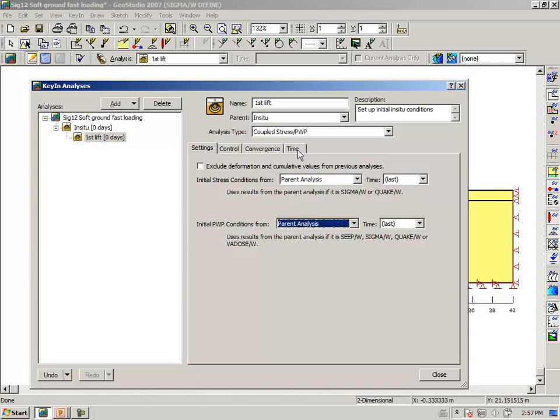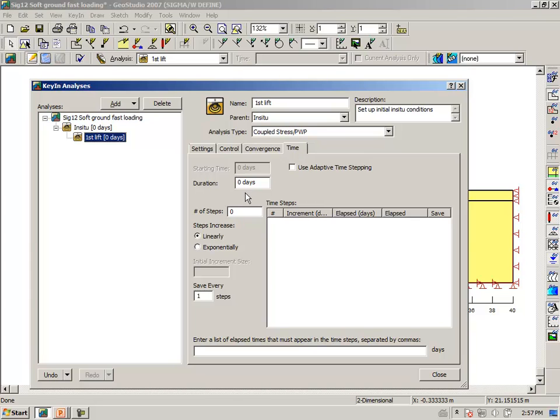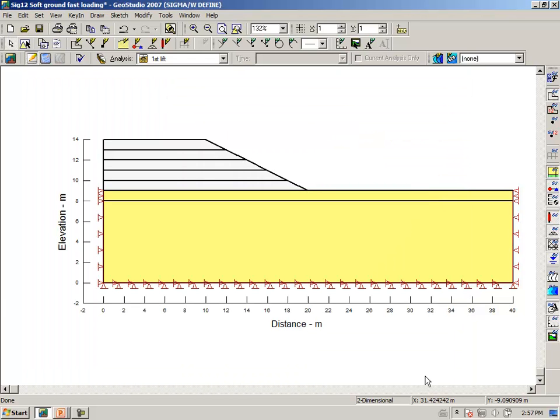We said that we were going to place this first lift in 1 day, so the duration is 1 day and the number of steps is 1, and so we have a 1 day delta t, an increment of 1 day. Assigning the appropriate materials for this loading phase.